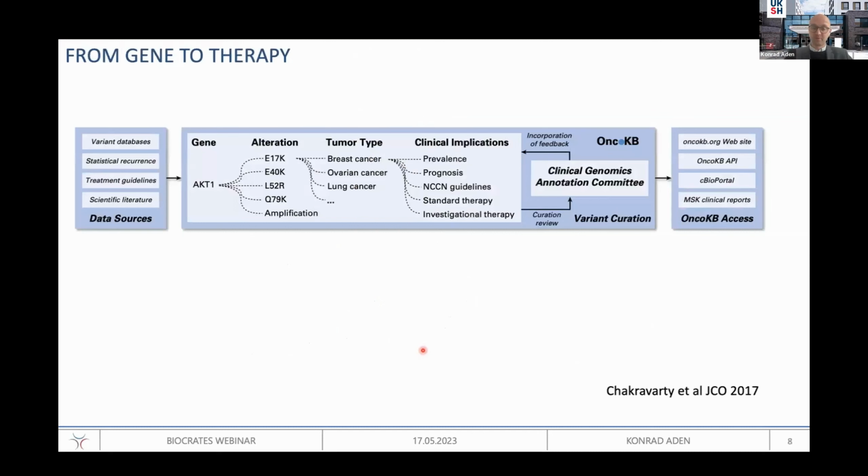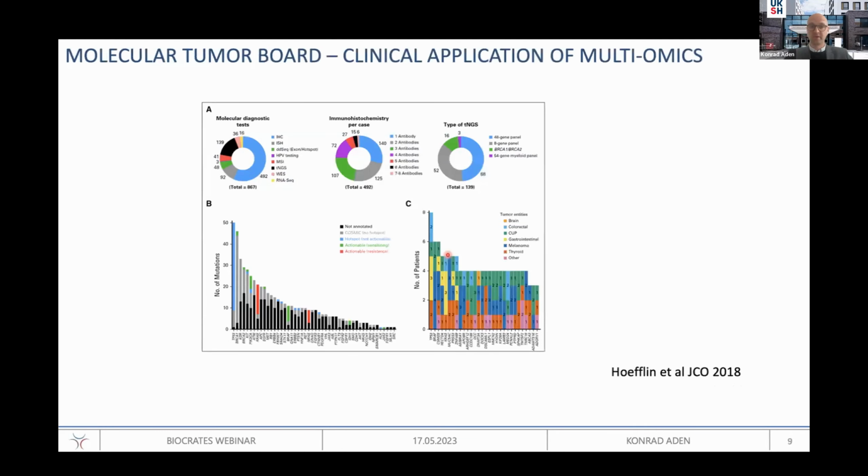The basic idea so far is that we can go from a gene to a therapy, where we use a molecular tumor board and identify novel interaction points that can be directly translated into novel therapies. This is just a picture indicating that in the field of oncology, this is really working.